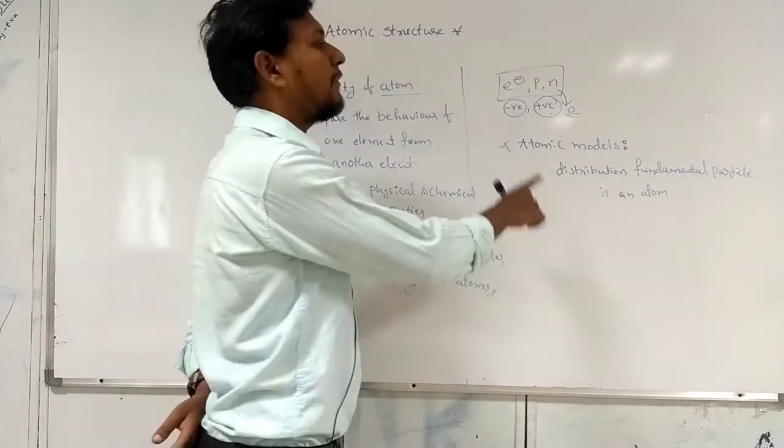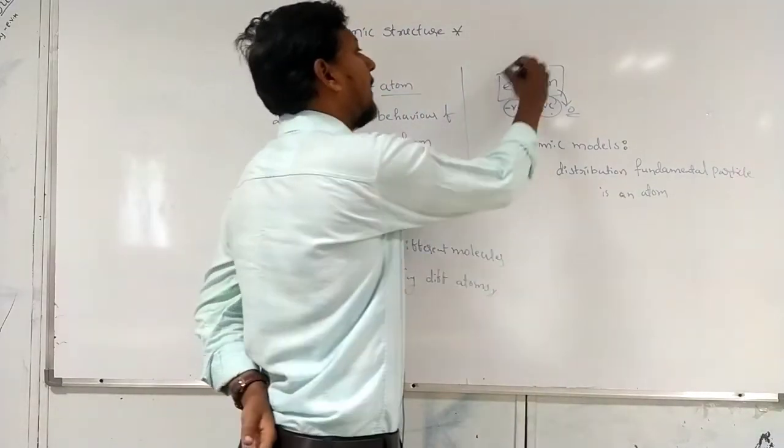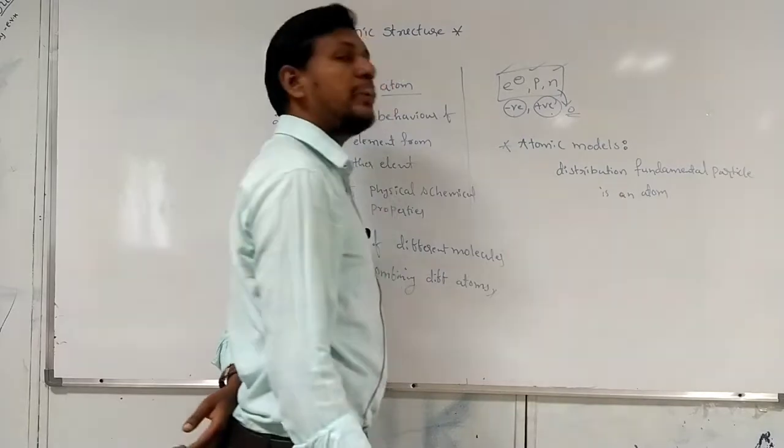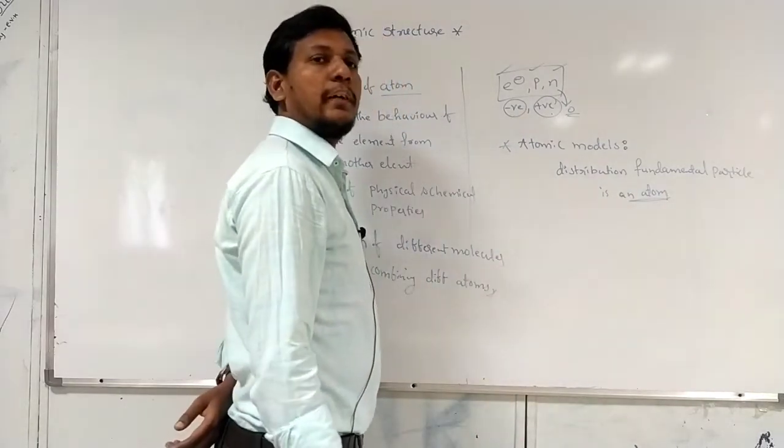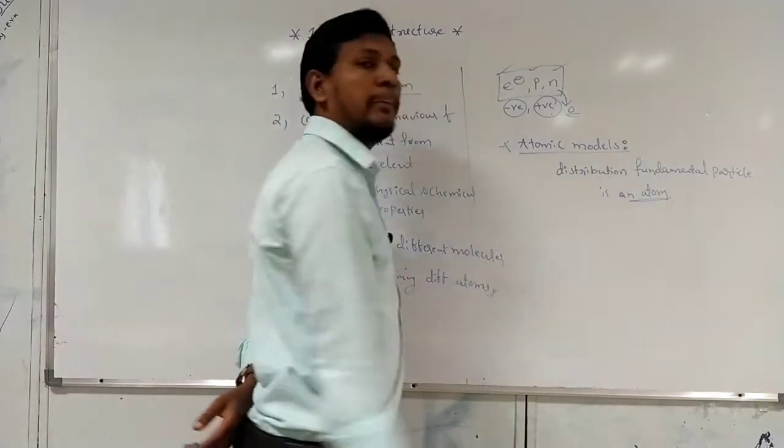Which are the fundamental particles? Electron, proton, neutron. How they are arranged in an atom can be explained by atomic models.